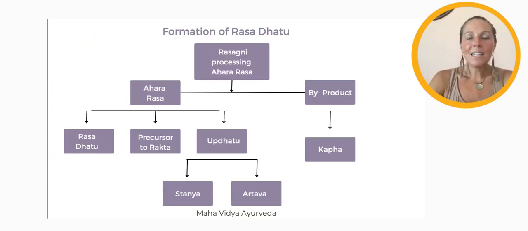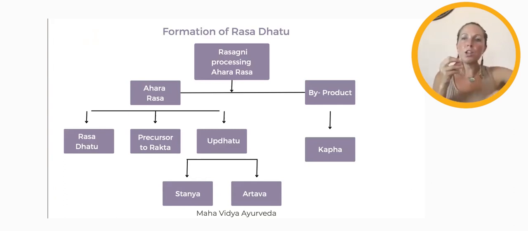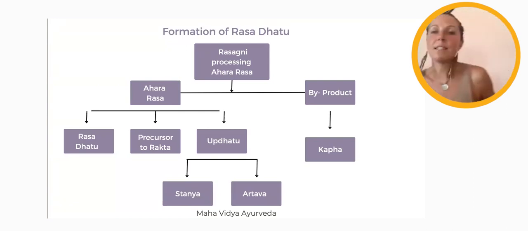So rasa is formed by rasagni. If we're thinking about agni, we've got our central gastric fire, jatha agni, but then there's also tissue agnis. So for us to consume food, it goes through primary digestion, and then we've got this ahara rasa, this positive byproduct, that is the essence of food.